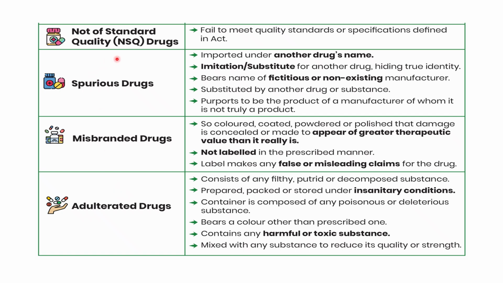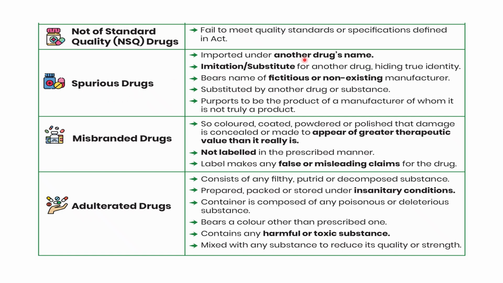So we need to understand what a non-standard drug is: drugs that fail to meet the quality standards and specifications defined in the Act. If our drug fails to meet the specifications and quality standards defined in the Act, we say it is a non-standard drug. For example, there are IP specifications. If you are not following that specification, not coming within that criteria, then the drug is a non-standard drug.